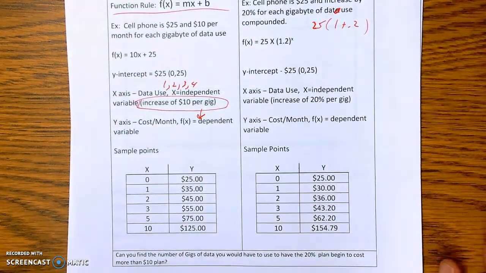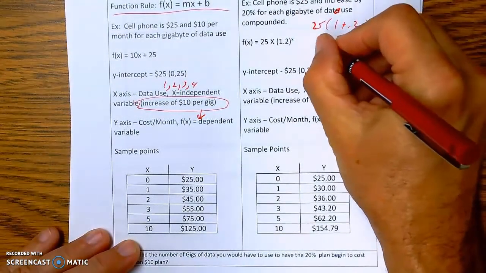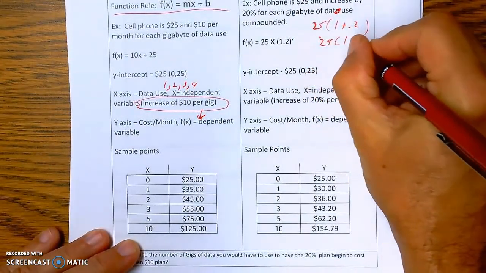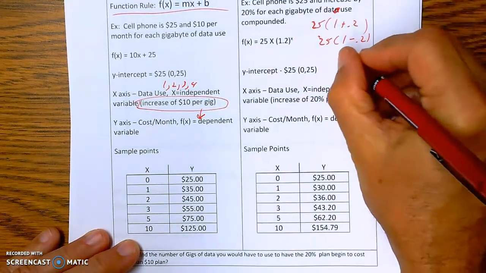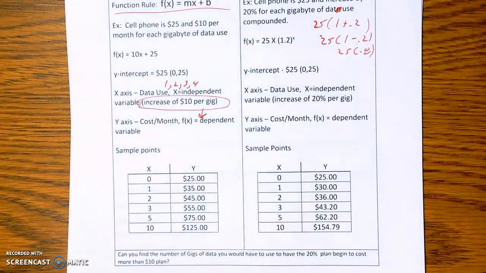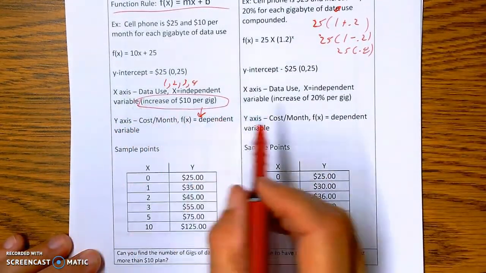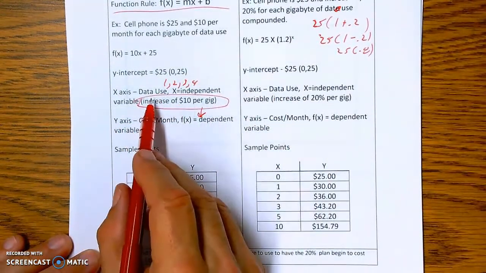If it is decay, it's going to be the opposite. Let's say this was going down for whatever reason. It would have been 25 times 1 minus 0.2, or 25 times 0.8. It's going to reduce.